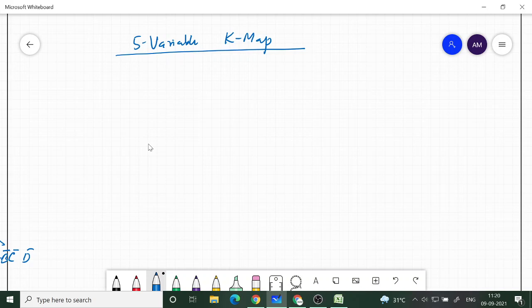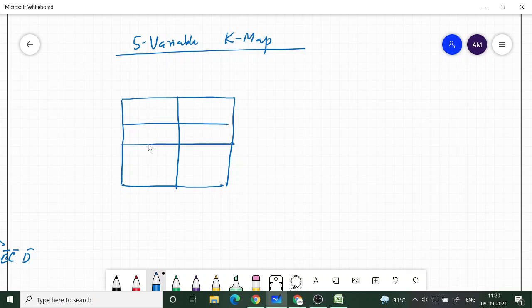So the first method is to draw two 4 variable K-maps. 4 variable K-map, everybody knows by now. You draw two 4 variable K-maps. Let's say the inputs are A, B, C, D, E. Now you eliminate your A here, the first one, reserve it.